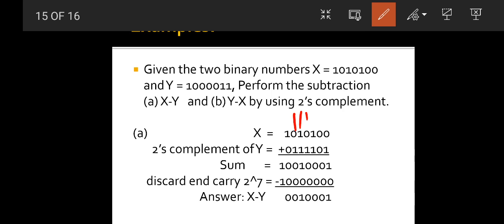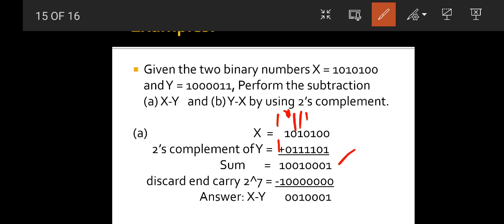Then 1 plus 0 is 1. 1 plus 1 is 0, carry 1. Now, 1 plus 1 is 0, carry 1. So, bring down 1. So, the result will be this one. So, na-add na to.